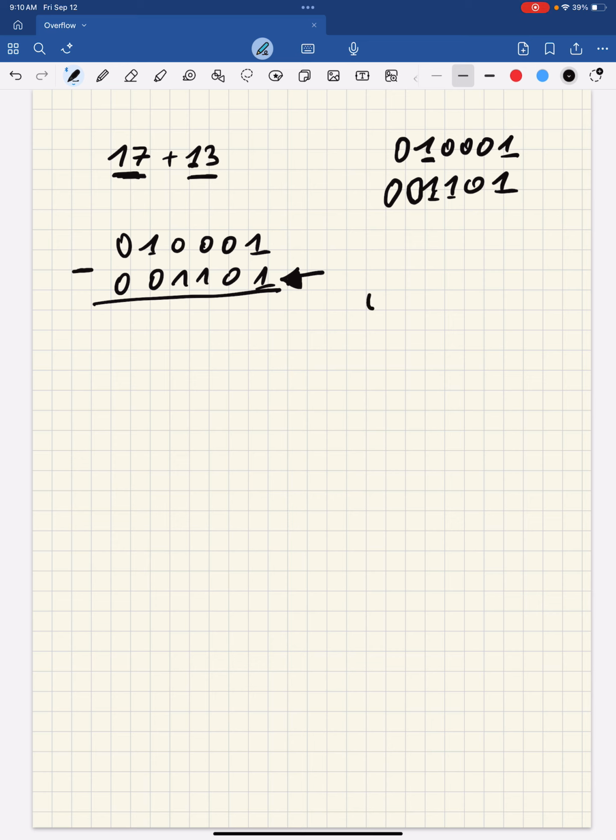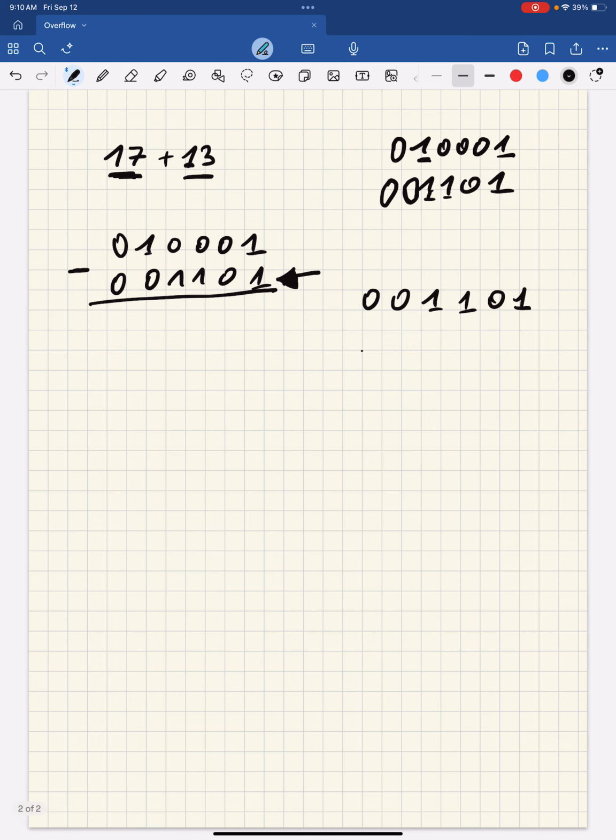The 2's complement of 0, 0, 1, 1, 0, 1, which corresponds to 13. We'll be flipping all the digits: 1, 1, 0, 0, 1, and then 0, and then adding a 1 to that. Adding a 1 to the result here will give us 1, 1, 0, 0, 1, and 1.